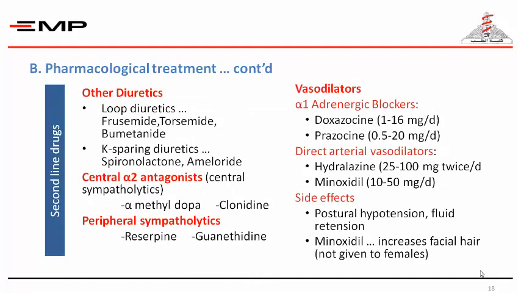Second-line drugs are formed from other diuretics, central alpha-2 agonists, peripheral sympatholytics, and vasodilators.